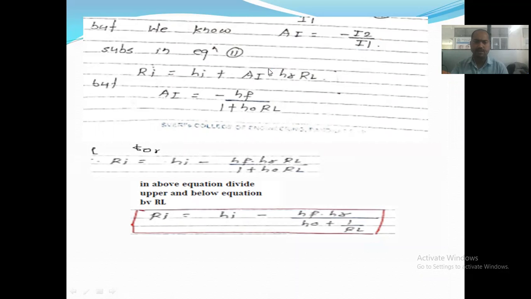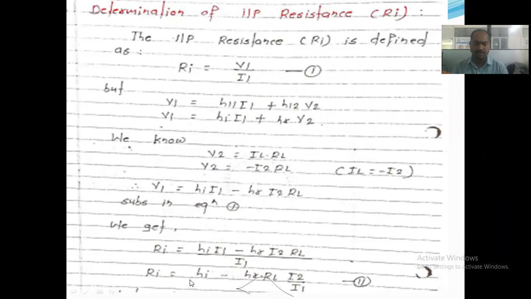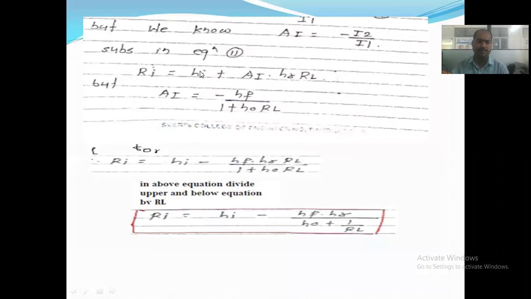So in this equation, Hi minus of Hr into RL, and minus of I2 divided by I1 we put as Ai. So the minus goes away, and Hi plus Ai Hr RL remains. Okay, see here, Ri equal to Hi plus Ai Hr RL. This will be coming.